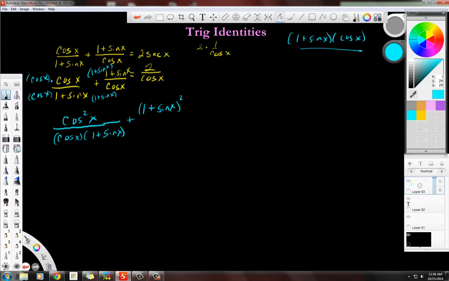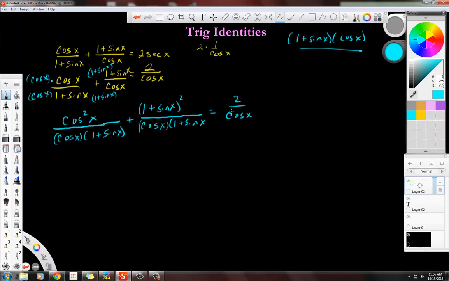That's what that would be. There's 2 of them. And we may have to FOIL this too. I think we're going to have to on the next step. And on the bottom, we'll have the same thing as this, so I'm going to make it follow suit. So it's the same. And that hopefully will someday equal cosine of x.